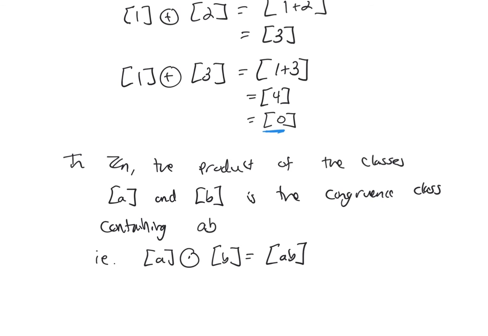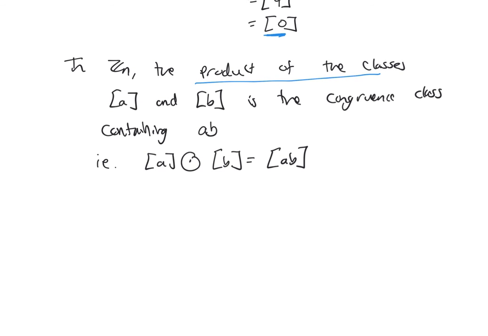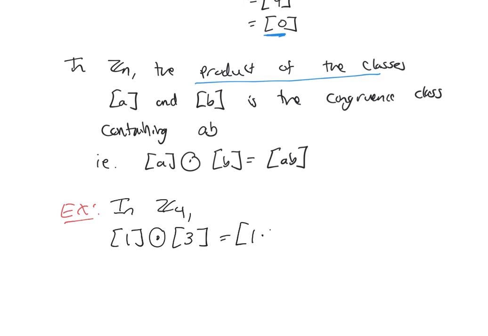So let's look at an example here of how we define this product. Again, let's stick with Z4 for now. So in Z4, if I take the equivalence class of 1 times the equivalence class of 3, you get the equivalence class of 1 times 3, or just the equivalence class 3.